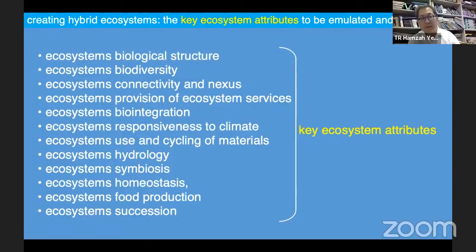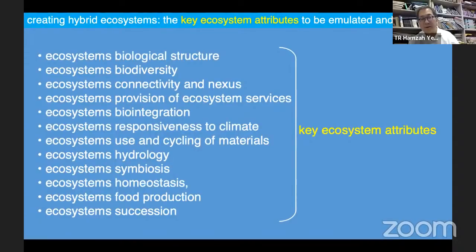And so these are some of the properties of ecosystems, such as, for instance, ecosystem structure, the biodiversity in ecosystems, connectivity and nexus, ecosystem services, biointegration, responsive to climate, cycling of materials, hydrology, symbiosis, homeostasis, food production, and so forth.